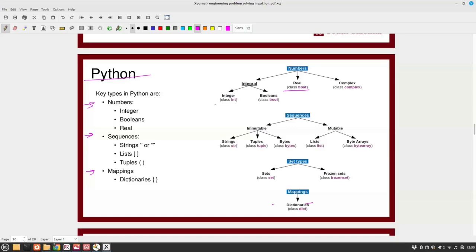Also kind of interested in integers, 1, 2, 3, 4, 5. And we're interested in Booleans, true and false, on and off, yes and no. Maybe not quite in this class, but you can also do complex numbers, right? Very important part of engineering. So Python does numbers, revolutionary idea.